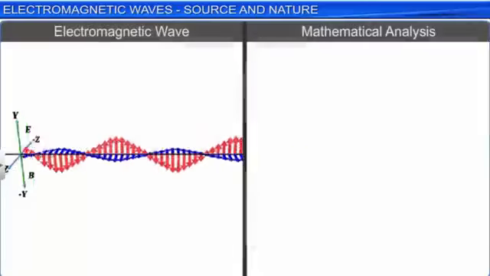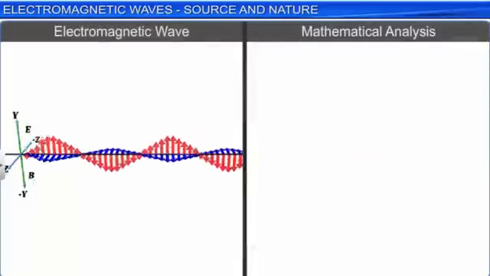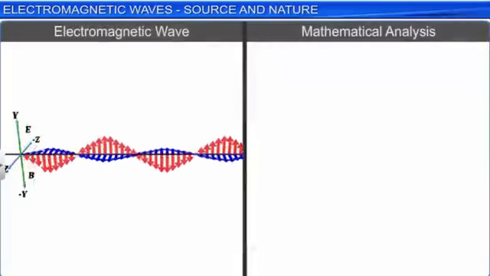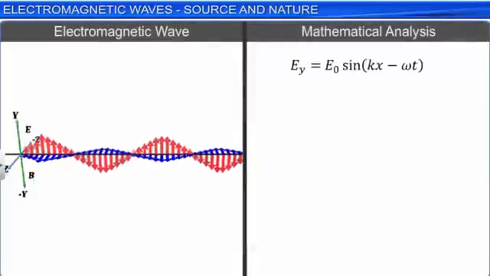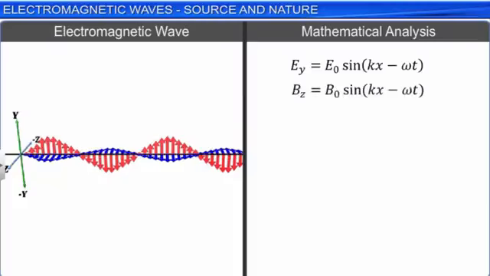The electric field and the magnetic field can be written as E_y is equal to E naught sin(kx minus omega t) and B_z is equal to B naught sin(kx minus omega t) respectively. Let these be equations 1 and 2 respectively.